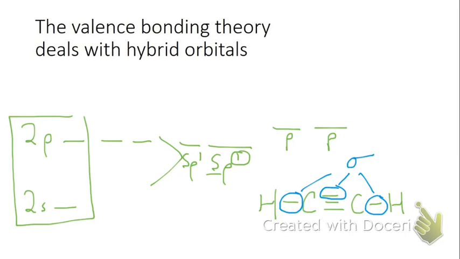If a bond comes from an unhybridized p orbital, it is a pi bond. And so we have 2 pi's and a sigma. I forgot to mention, and I apologize, sp2 hybrid orbitals are trigonal planar.